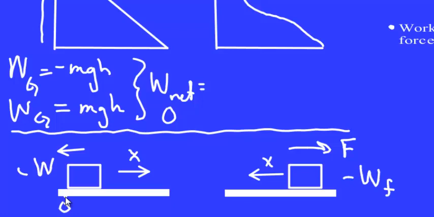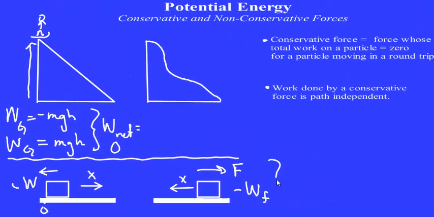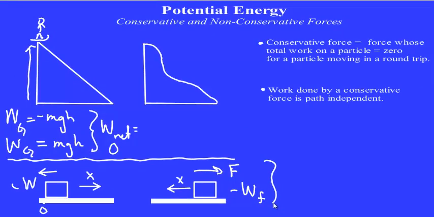Notice how that's different from the gravity force in the skier scenario. In the skier scenario, the gravity force did negative work when the skier went up and positive work when the skier went down. So in the friction case, the net work would be less than 0, whereas the net work for the gravity potential energy is 0.